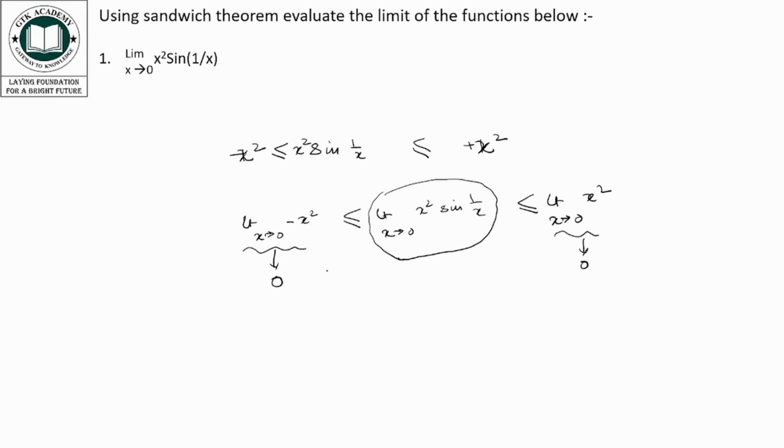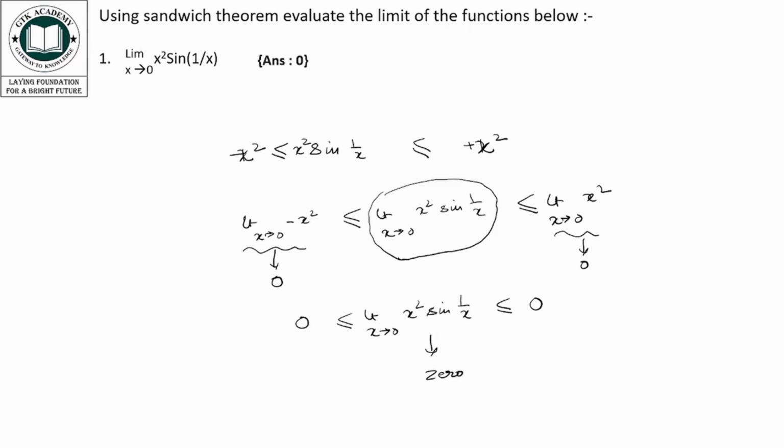It's a method of substitution. That means limit x tending to 0 of x square sine 1 upon x lies between 0 and 0, sandwiched between 0 and 0. That means this limit is also equal to 0.